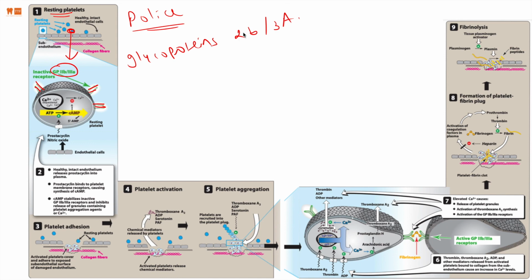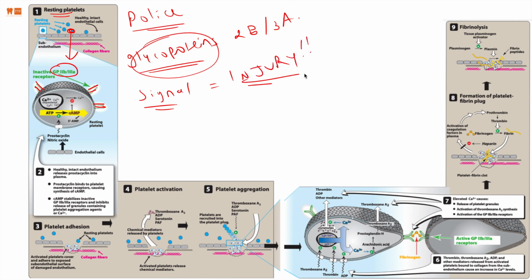Okay, so essentially, if you think about it, this police car has sensors on it. And these glycoproteins are those sensors. They tend to interact with signals that come to them and tell them that, uh-oh, there is an injury. Please proceed to the following protocol.